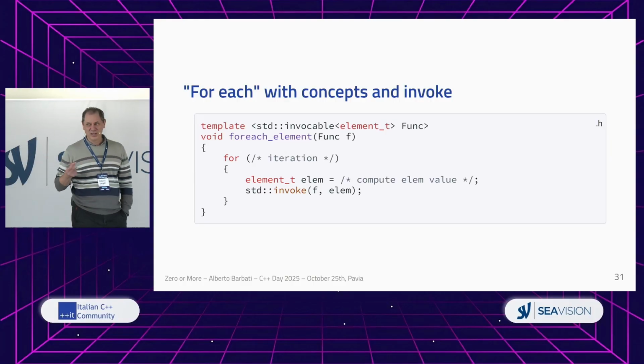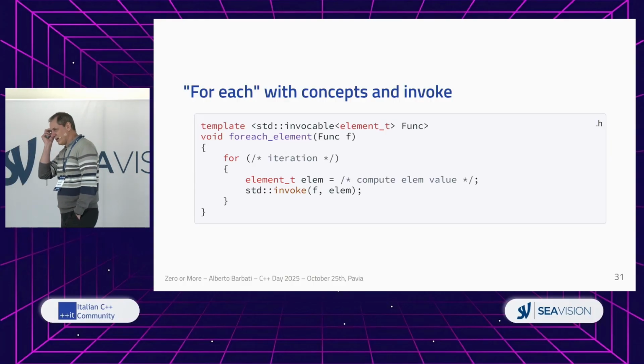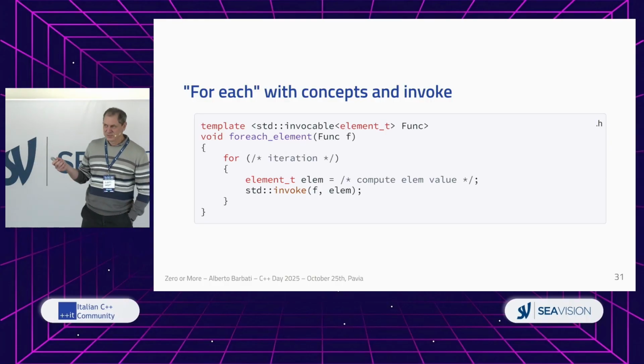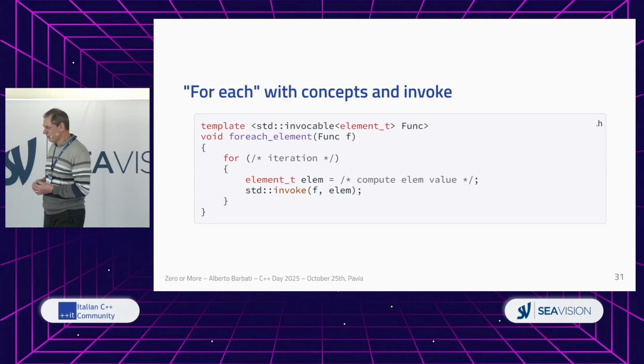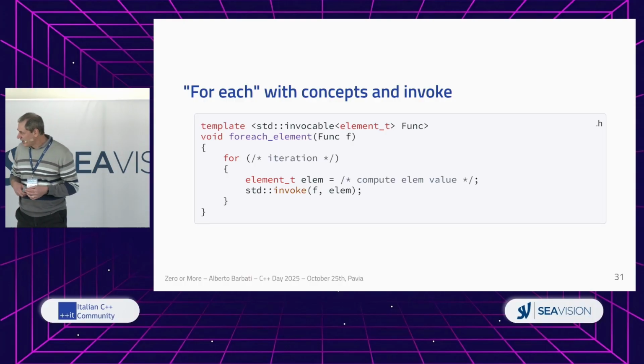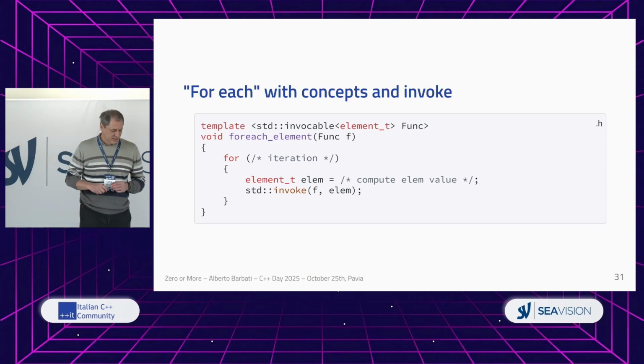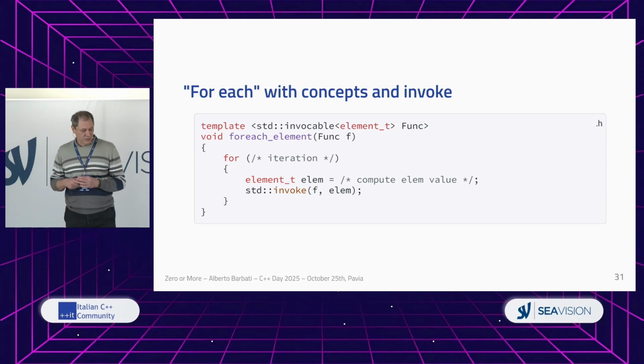For each can get a little improvement from concept and invoke. Concept, I don't know how many of you are familiar with concepts, but you can write here in the template, in the introduction of the parameter types, you can use invocable instead of type name.